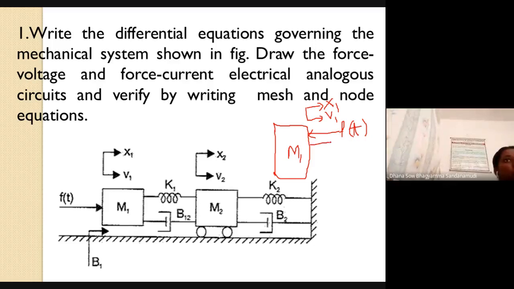What are the opposing forces? One is the force due to the mass. Another is the force due to friction, B1. Another is the force due to the spring, K1.